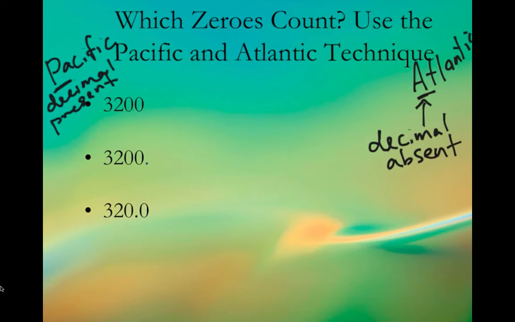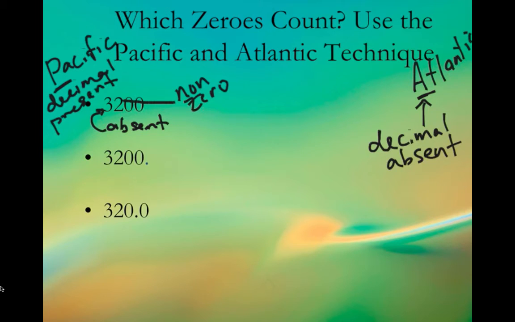So look at the first example, 3,200. The decimal is absent from this measurement, so I'm going to fly in with my arrow from the Atlantic side, from the east, and fly in until we crash into a non-zero digit. Then we start counting.